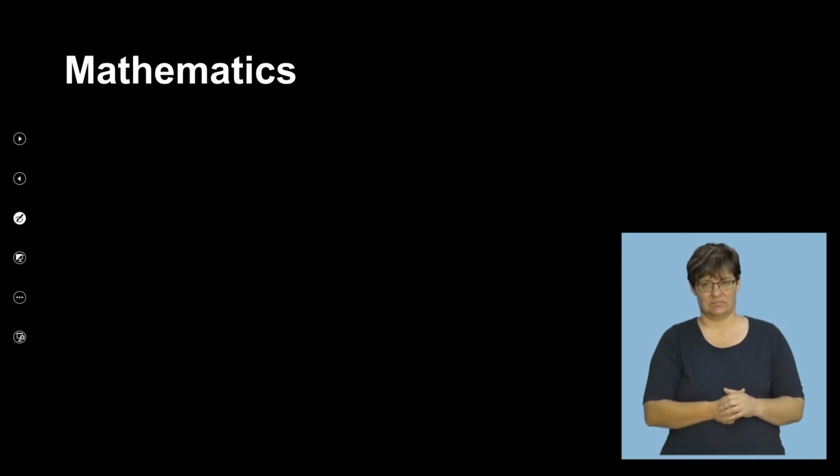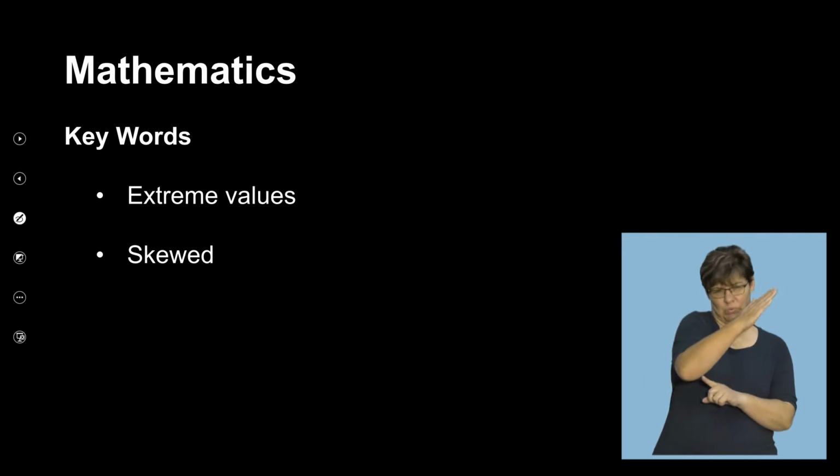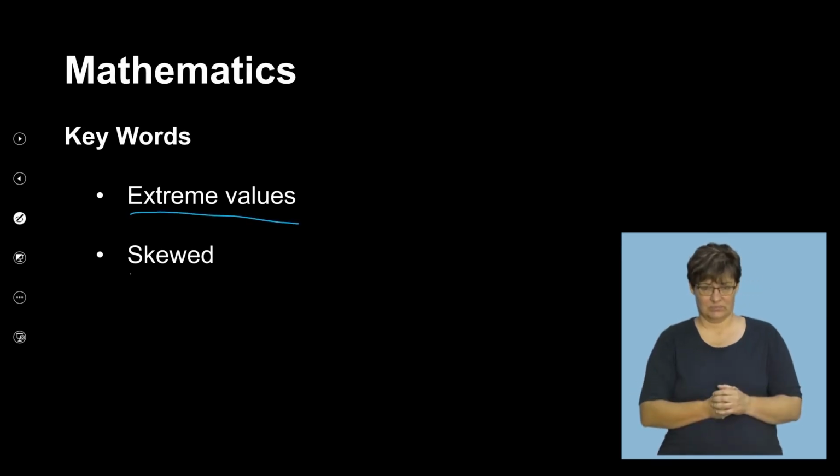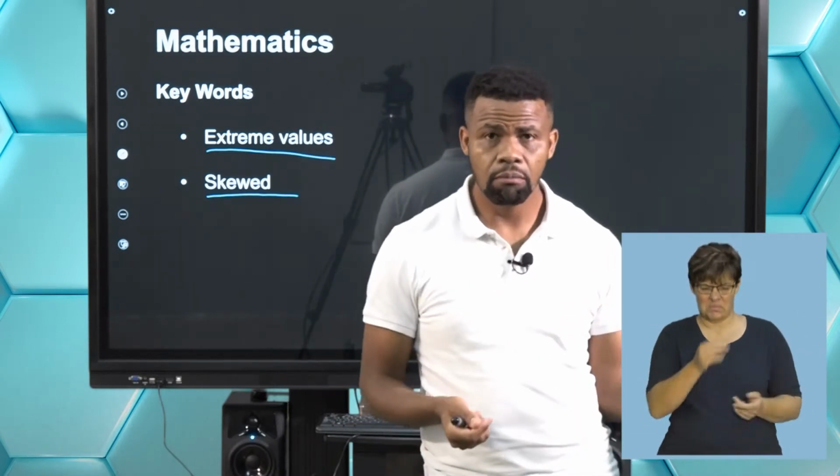Then let's look at more keywords. We have extreme value and skewed. What is extreme? An extreme value in data handling statistics will be your lowest or highest value. It just doesn't fit within the data.